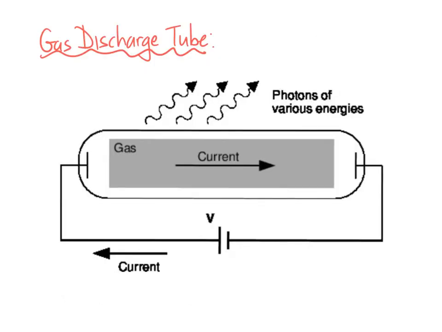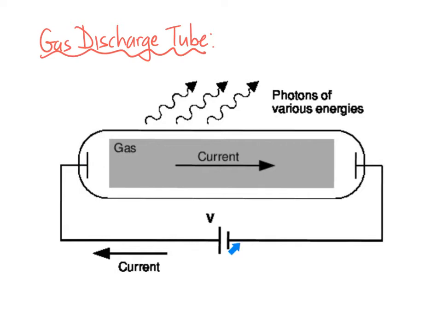Let's quickly discuss the gas discharge tubes that are used in order to produce these emission spectra. Now, a gas discharge tube basically consists of a glass tube with an anode and a cathode, two electrodes, which will be charged in a specific way by an external power supply. In this case, the positive side of the battery would be connected to the electrode which we would call the anode, because it would be positive.